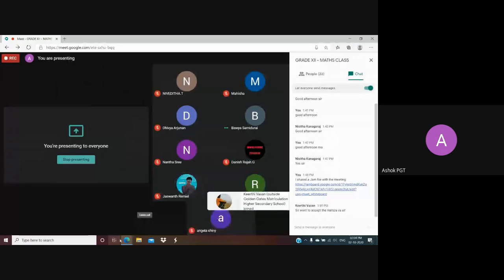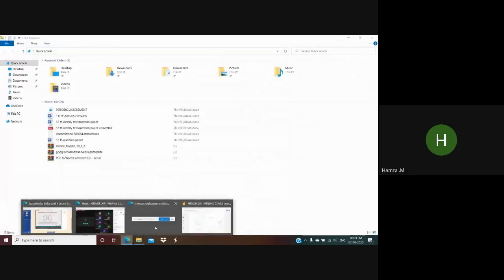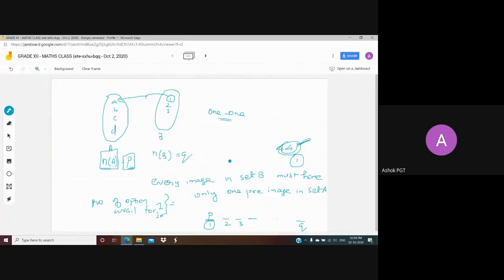So the first one can join with any of the P options available, but it is going to link with only one because it is a one-one function. It must have only one pre-image, but the available options to choose from are P. Do you understand this, students? Yes, sir.